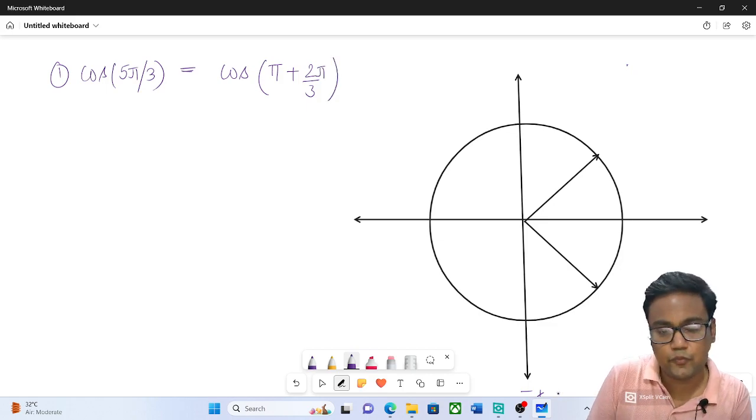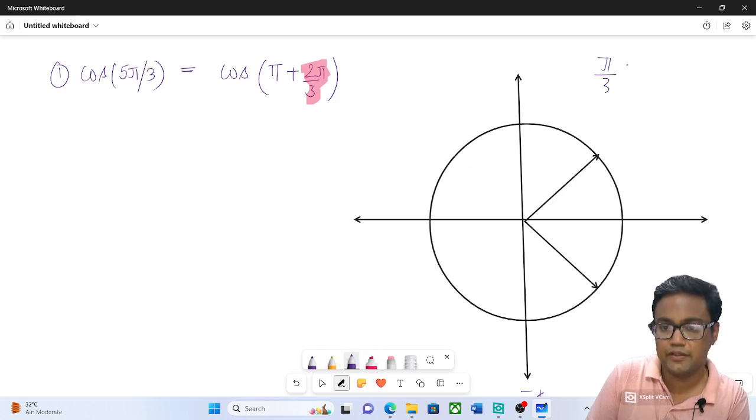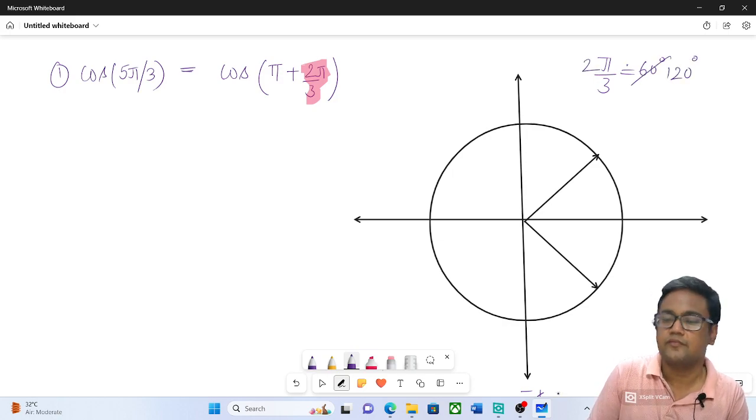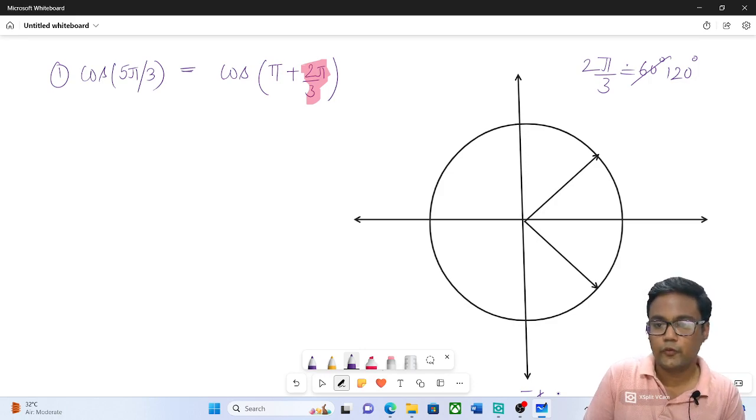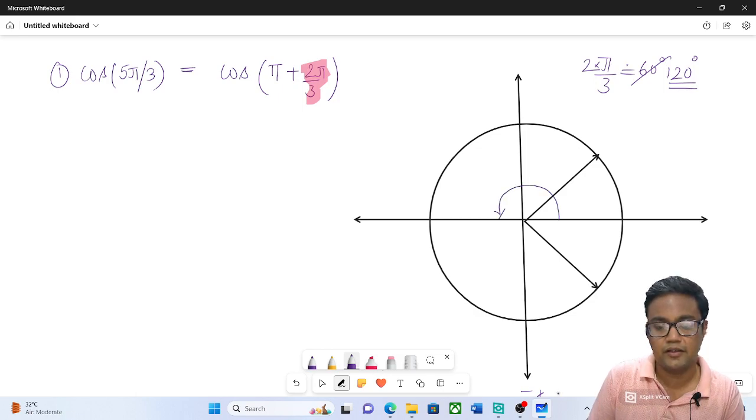But what is the problem with this kind of writing of angles, children? See this angle here, pi by 3 is 60 degrees, so 2 pi by 3 will be 120 degrees, right, because we multiplied pi by 3 by 2, and 120 degrees is not an acute angle. So if we look, this is your pi rotation, and after pi again we have to go more than a 90 degree angle, and then stop at 120.